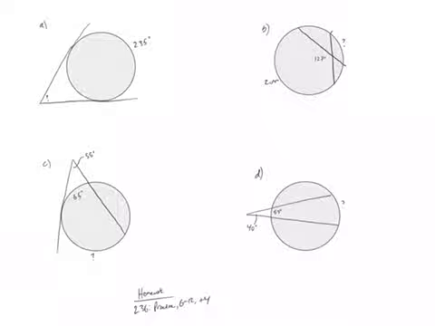Alright, so let's see if we can put some of this to work. Notice I have two tangent lines, which means each is going to intersect just at one point right here and at one point right here. Remember that the measure all the way around a circle is 360. So if I want to find the measure of this arc from here to here, I would do 360 minus this. That'd give me the measure of that arc. So that's 125 degrees.